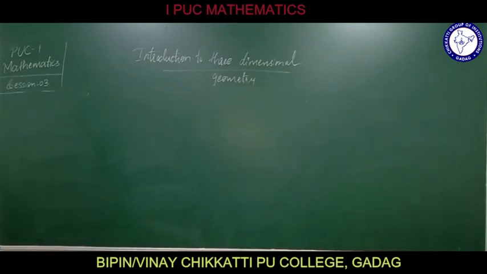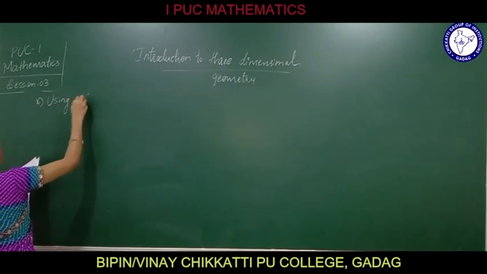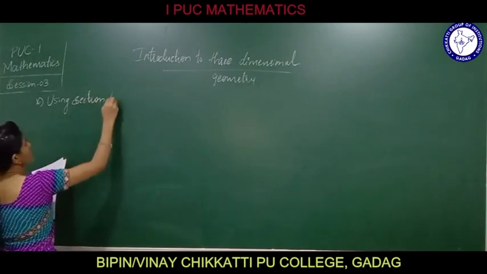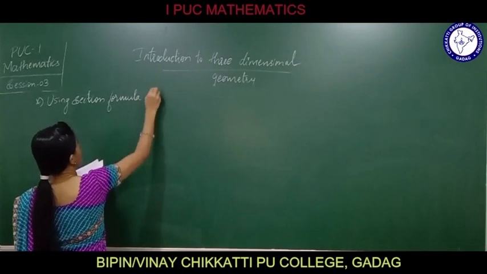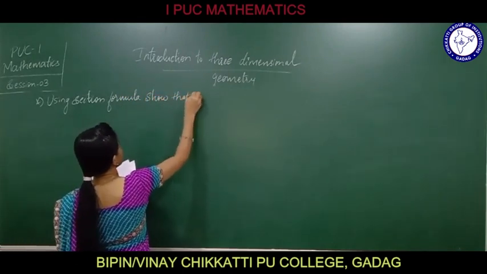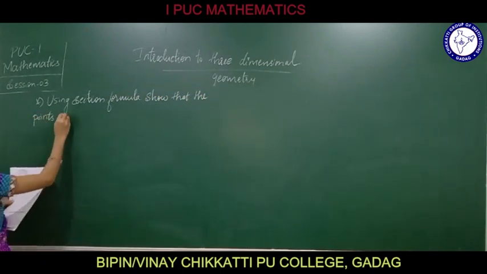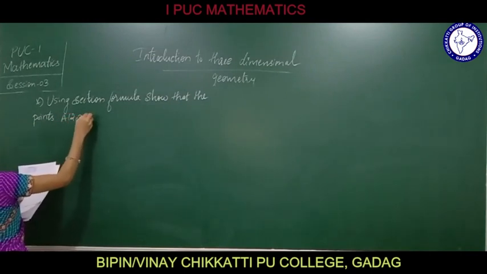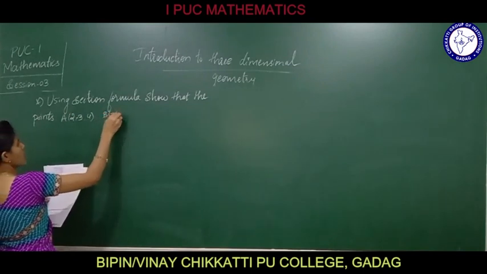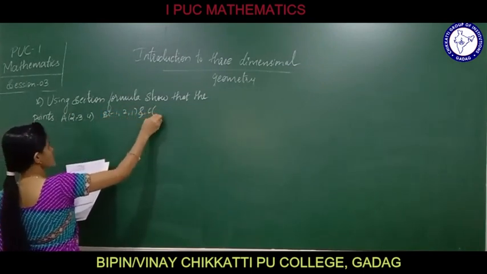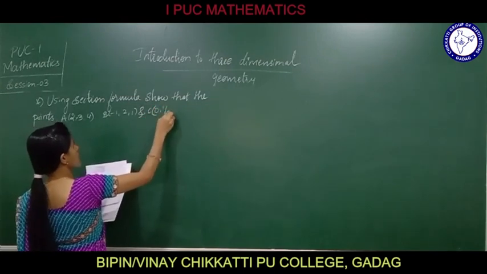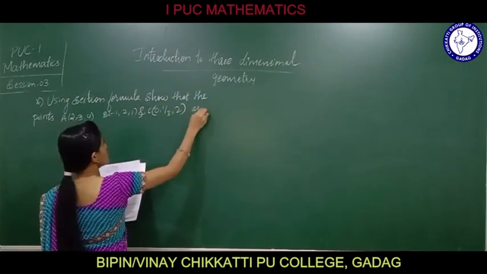What is the next one given? Using section formula, show that the points A of (2, -3, 4), B of (-1, 2, 1) and C of (0, 1/3, 2) are collinear.